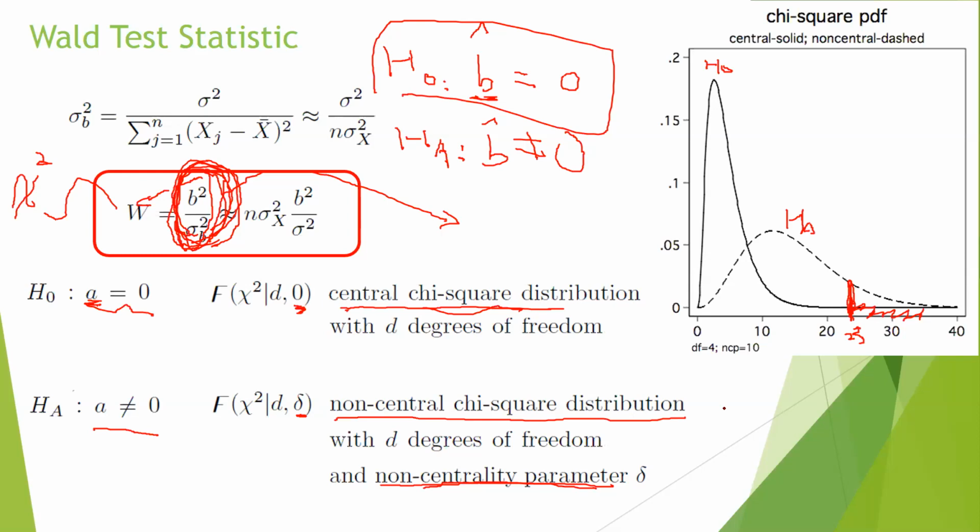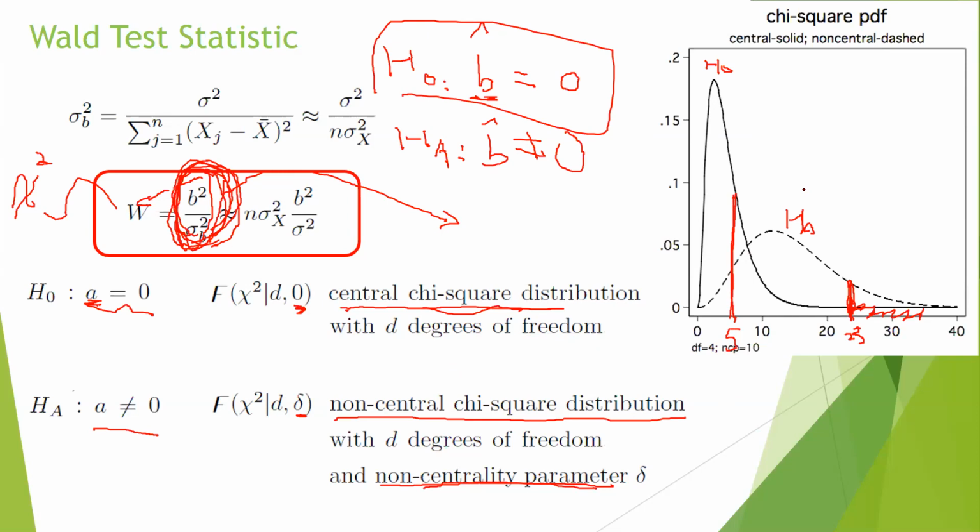Is that correct? However, if you calculated the test statistic from your data and the statistic appeared to be here, 5, what do you think? Do you reject your null hypothesis or not? You're going to accept, right?